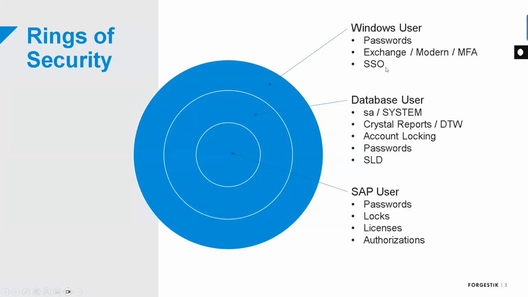So again, I haven't shown the Windows users and database users too much, but just be aware that changing infrastructure passwords will have an effect on us. And especially with Exchange, I know sometimes there's emergency stuff where somebody's email is compromised and you need to change it immediately.